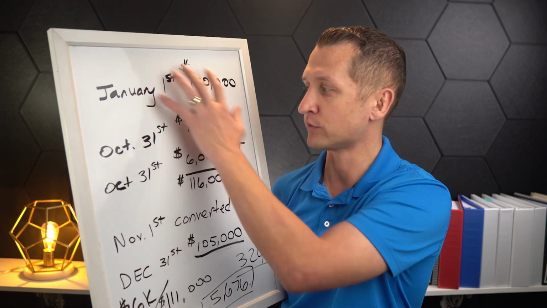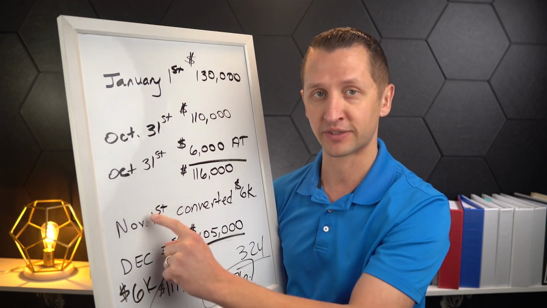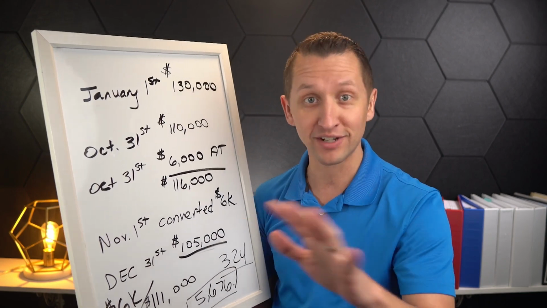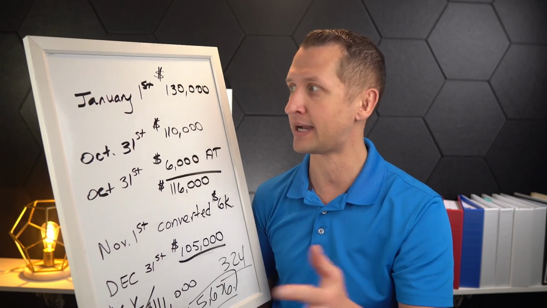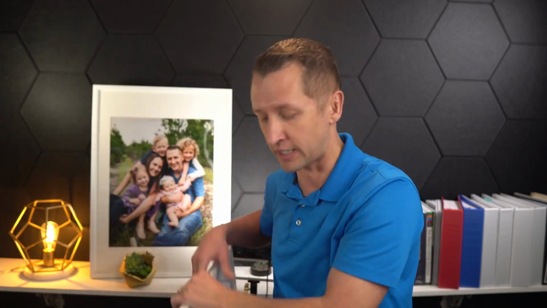So all of these amounts were irrelevant except this one, and obviously the amount that was converted. I just wanted to show you all of the numbers so you can see everything that you're going to look at throughout the course of the year and realize, hey, not all of these numbers are going to help us with this formula and this calculation.